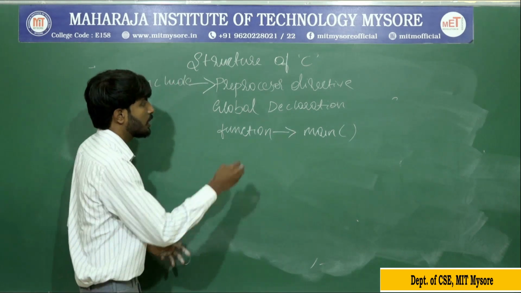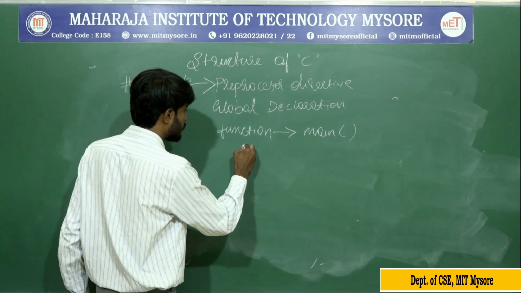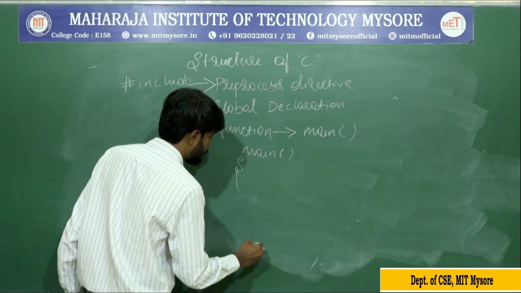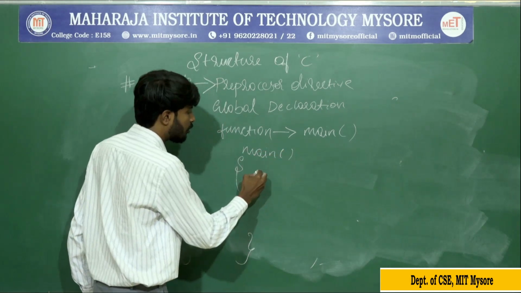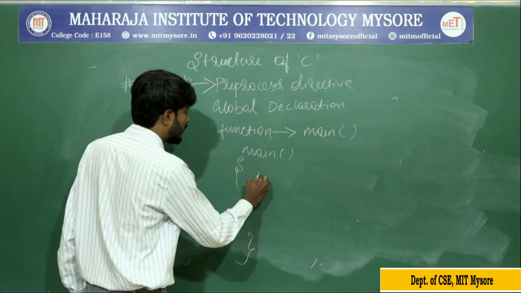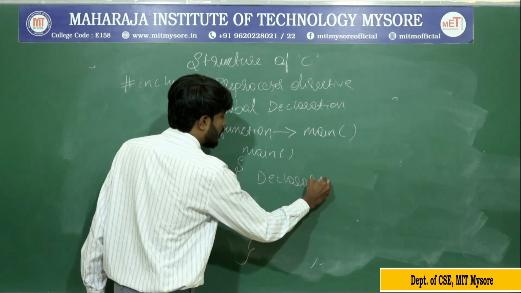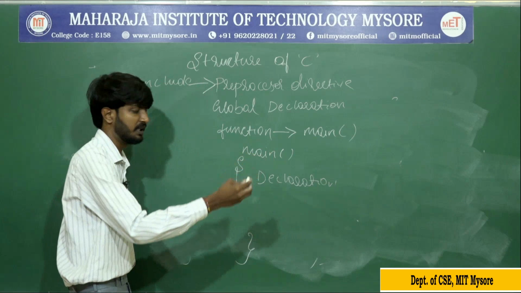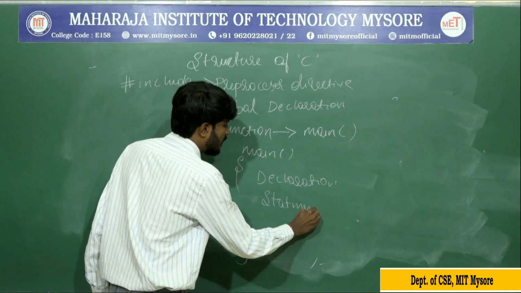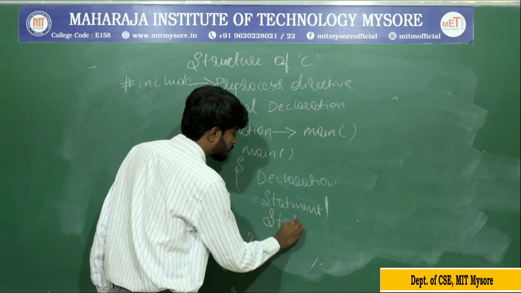If I write this structure, it is the main function. Here we are going to use the local variable declaration, and then you have some statements to execute: statement 1 or the logic, statement 2.